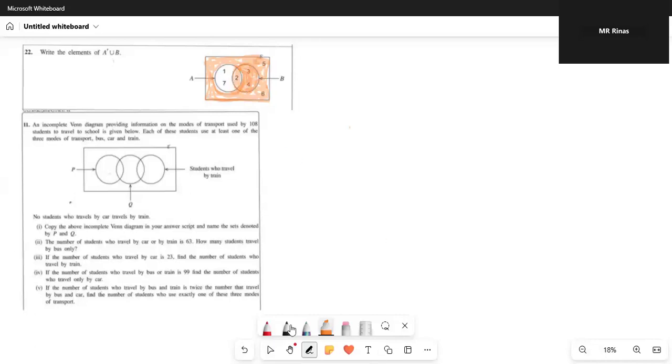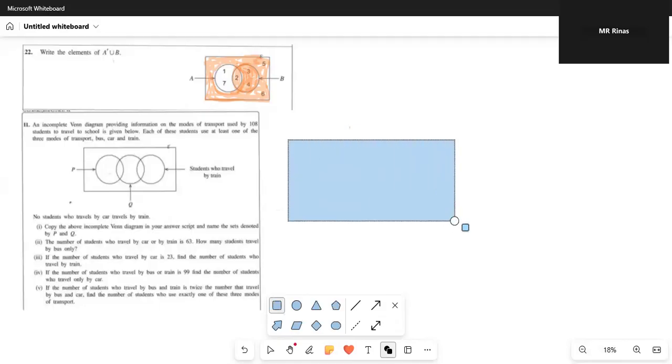We'll move on to the part 2 paper. So they have given a Venn diagram. Whenever they are giving a Venn diagram, you all know that first you have to copy that Venn diagram. So there are 3 circles.